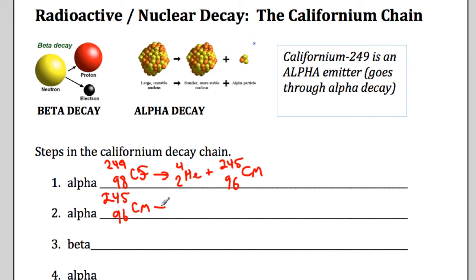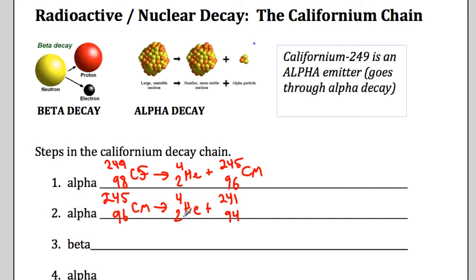Curium-245 with atomic number 96 falls apart into an alpha particle and something else. The something else is going to have a mass number of 241. That way, the mass of 4 and 241 gives us back what we started with. The atomic number goes from 96 to 94.